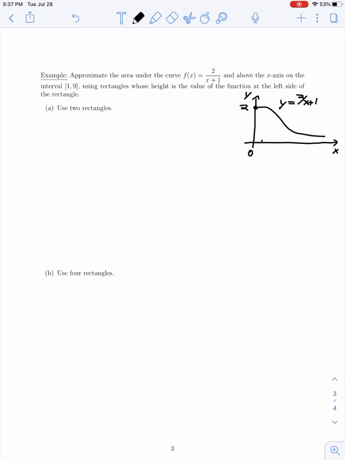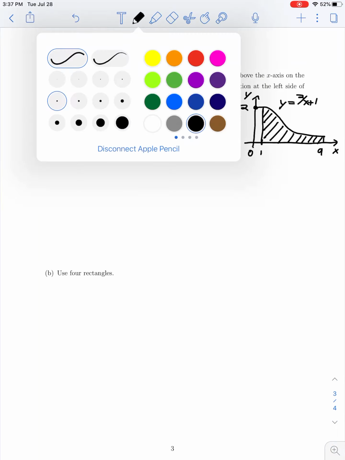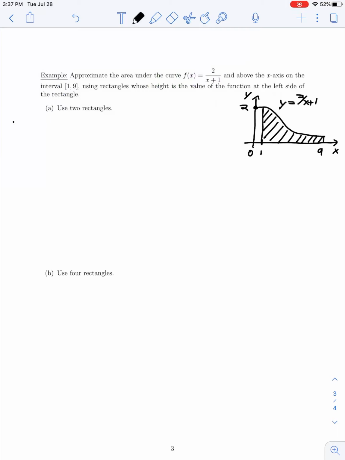So on the interval from x equals 1 to 9, we're interested in the area of this shaded region. And we're supposed to approximate the area of that shaded region in part A by using two rectangles. So same process as in our last example.